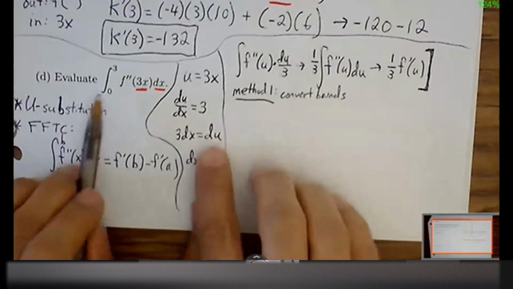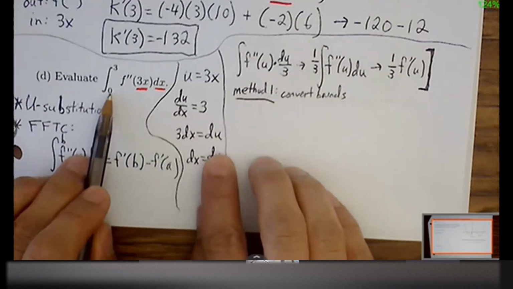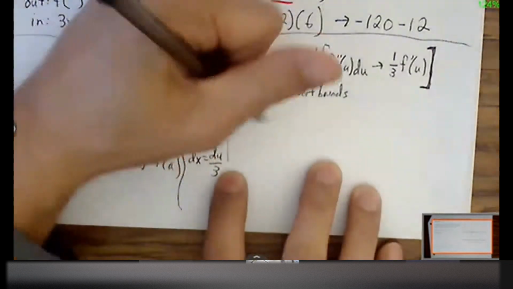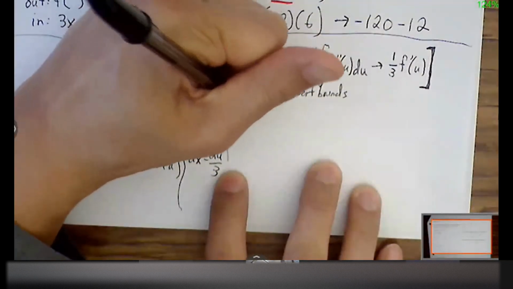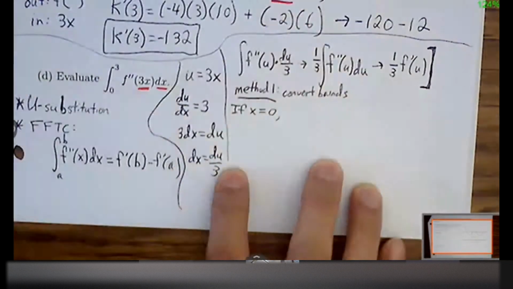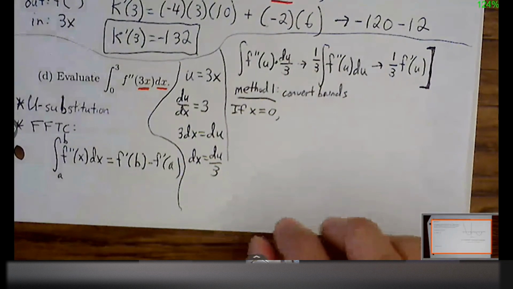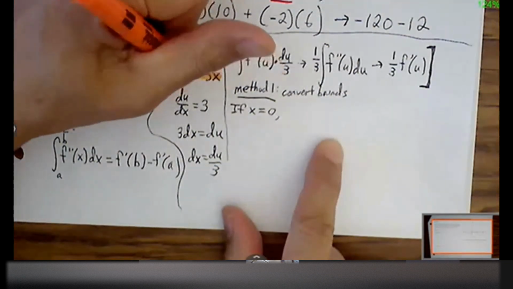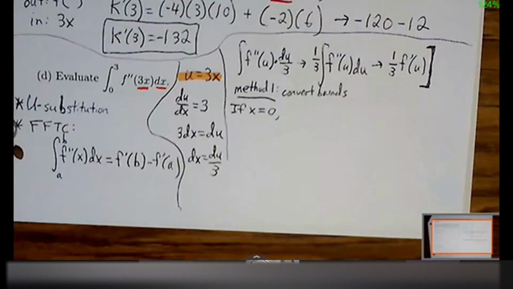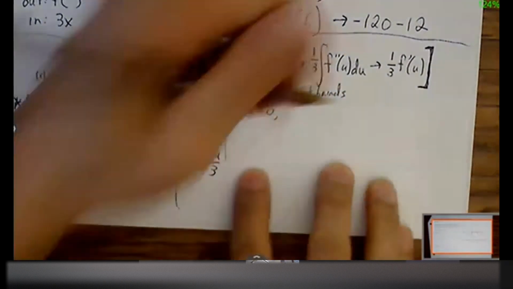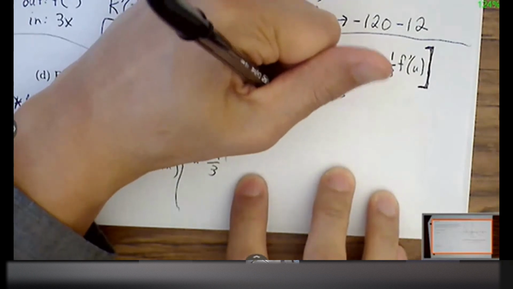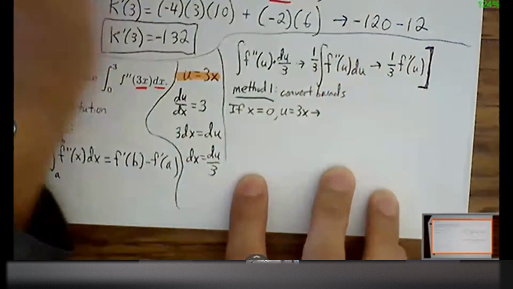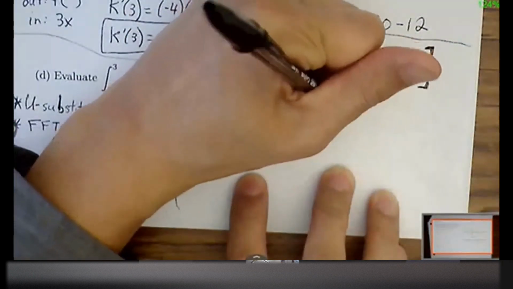Okay, so my old x lower bound is 0. My conversion is through that u equals 3x. So u is equal to 3 times 0.